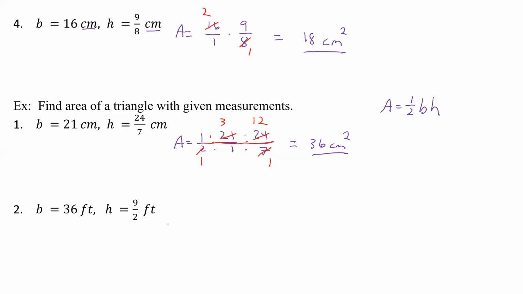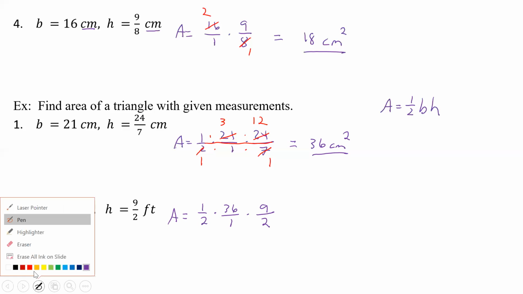Now again, practice is what we need to do. So if you need to pause at any time and test it and see if you get it right or wrong, that's perfectly fine. So that's going to be 1/2 times, now we have 36 over 1 times 9 over 2. Okay, what can we do here?